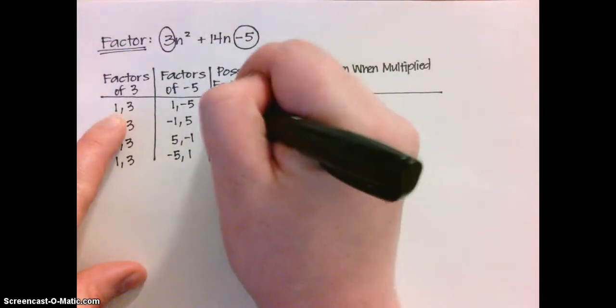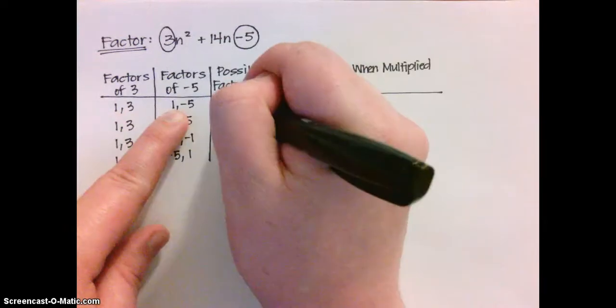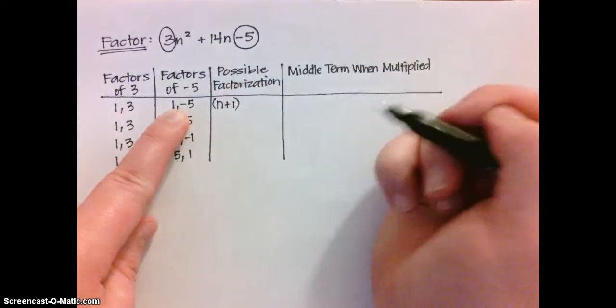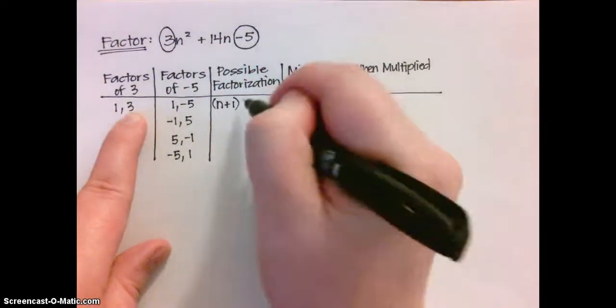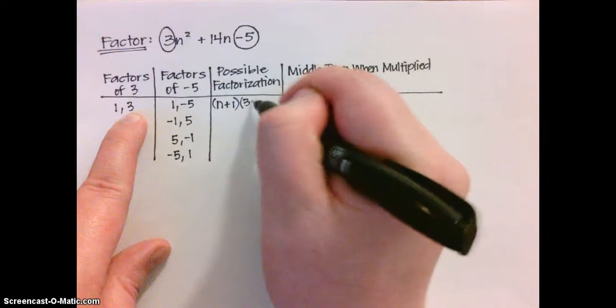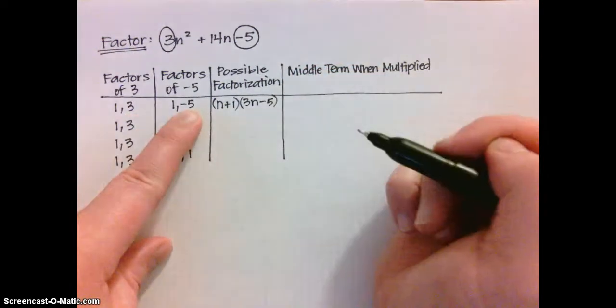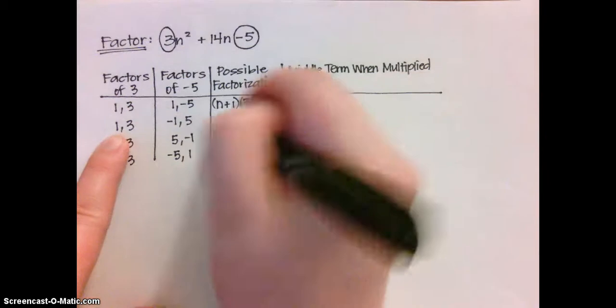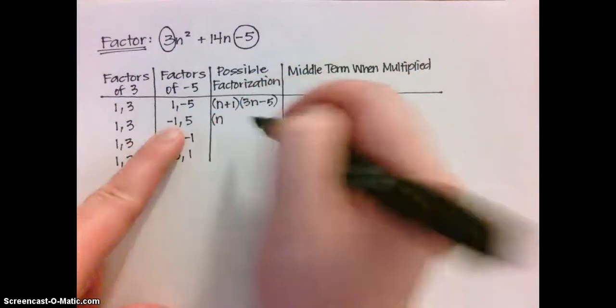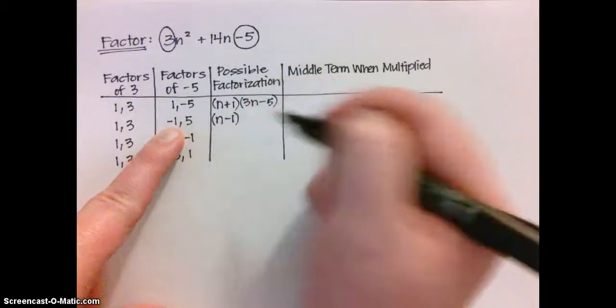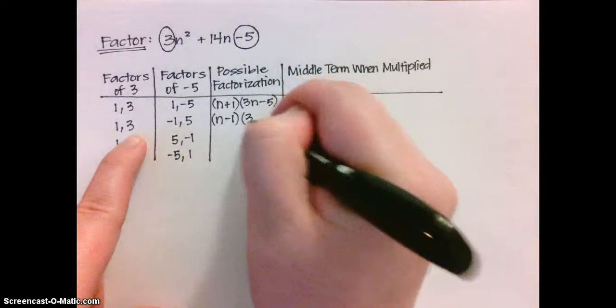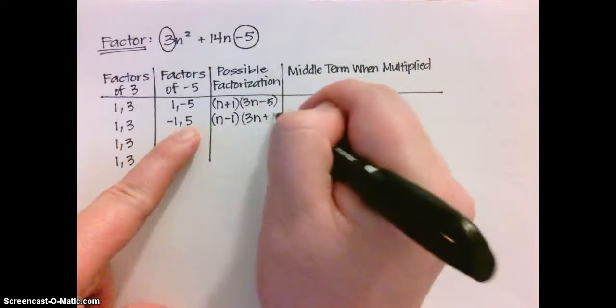So I can have an n plus 1, and the next one is going to be a 3n minus 5. So there's my first possibility. Second one, let's take our time. This will be n minus 1, and the second one will be 3n plus 5.